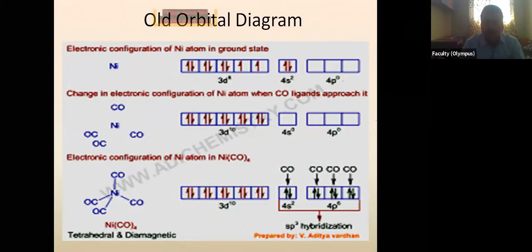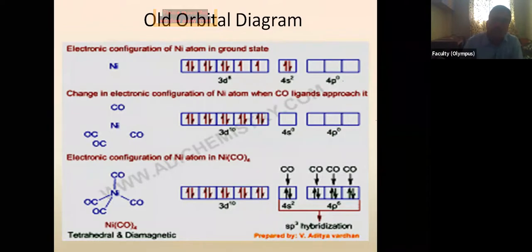Now, when it undergoes hybridization, we may say that nickel is in zero oxidation state in nickel tetracarbonyl. In any carbonyls, the metal atom may be in zero oxidation state or the lowest possible oxidation state.